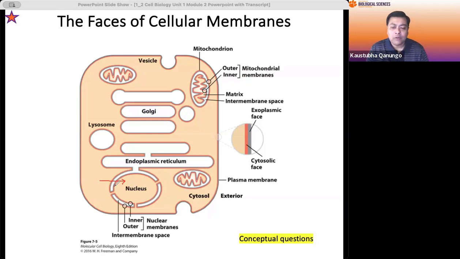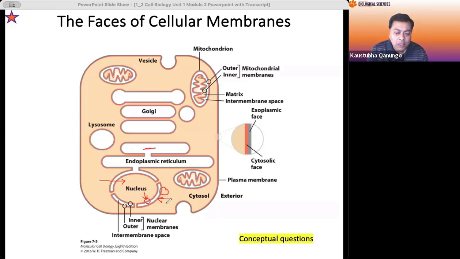So what you have to consider is that when you are considering this membrane, you are only considering it from this side. How it works: this in-between the membrane, the white space, is equivalent to the luminal phase.